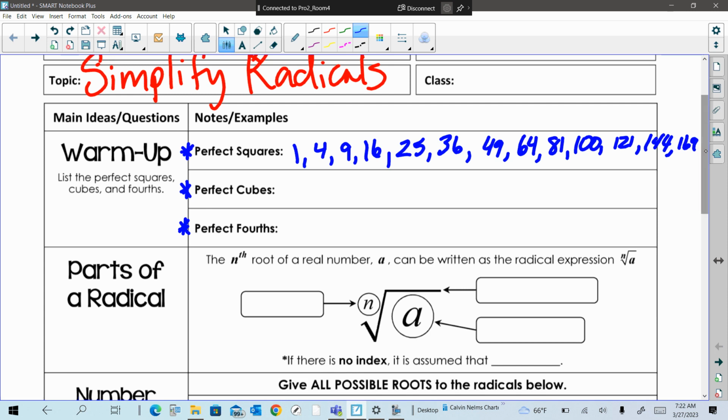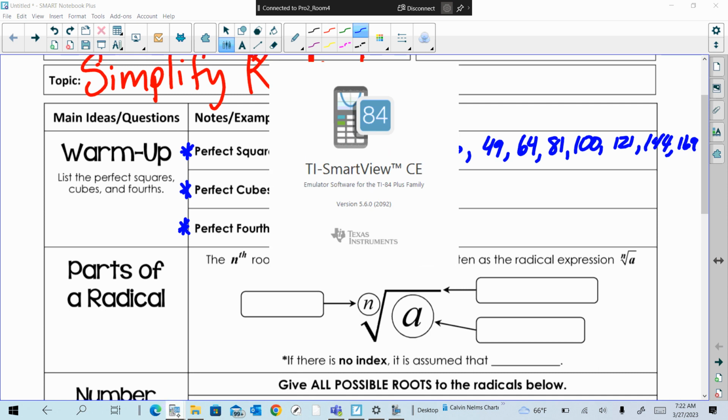For perfect cubes, these are numbers that you're raising to a power of 3. So 1 is a perfect cube because 1 times 1 times 1 is 1. To get the next perfect cube, you take the next number.